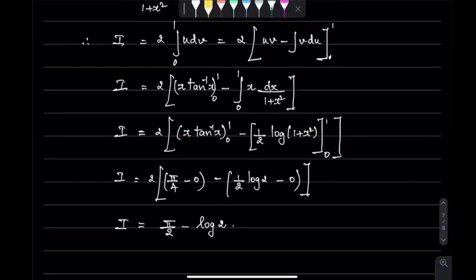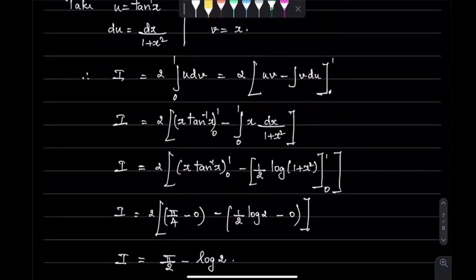So I'll repeat whatever I've done here. Here I've done the u dv method. So you should know that this is of the form, let me write it separately, integral x dx divided by 1 plus x square is nothing but the derivative of the denominator is in the numerator. It is of the form integral f dash of x dx divided by f of x, right?